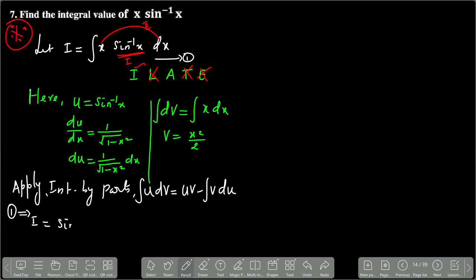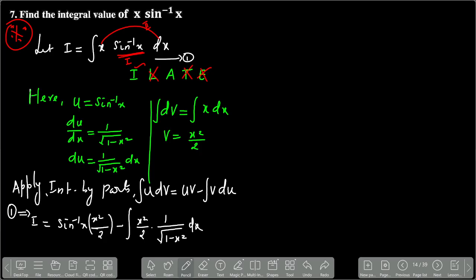Sine inverse of x, into v, x square by 2, minus integral of x square by 2 into 1 by square root of 1 minus x square dx.